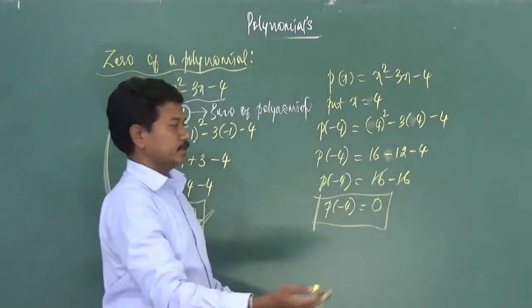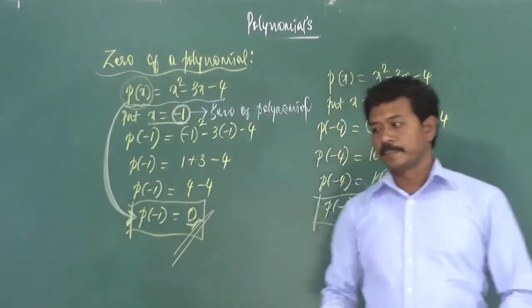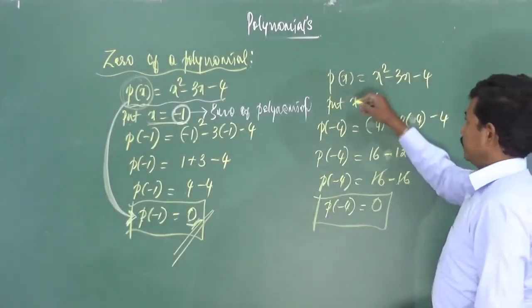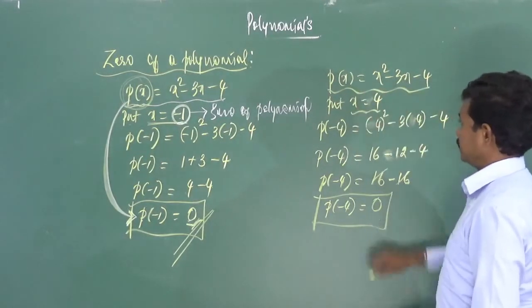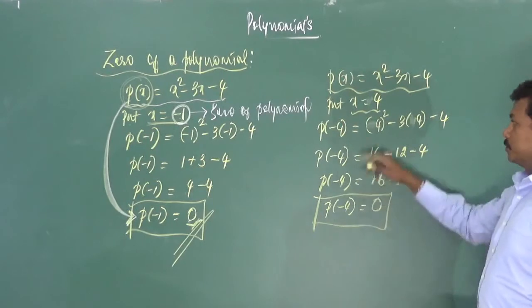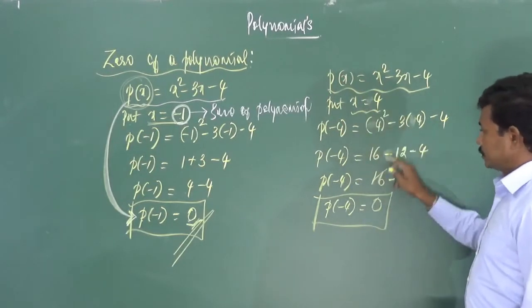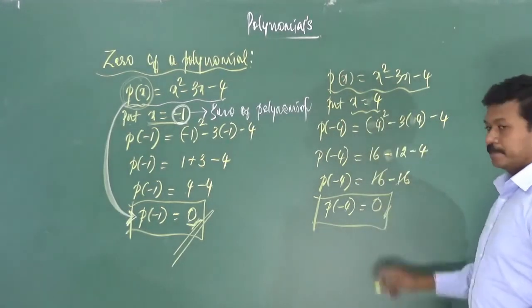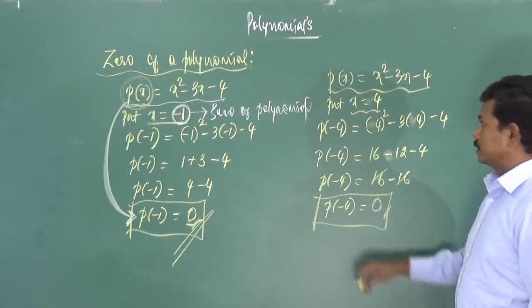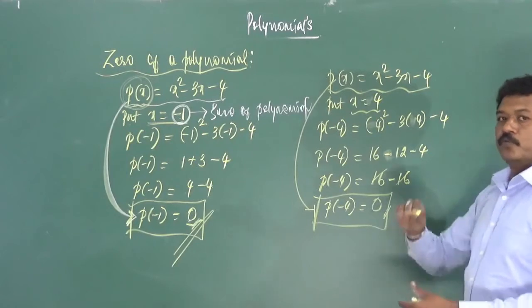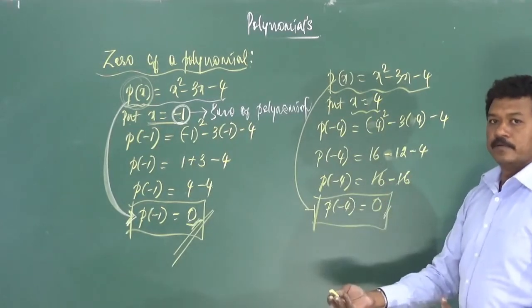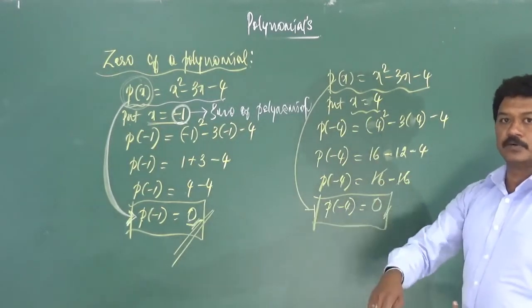So again the same thing repeated here. You were given a polynomial and asked to substitute the value of x is equal to 4. When you substituted 4 in the polynomial and simplified, at last you got 0 as the answer. You made p of x equal to 0. Which value made the polynomial equal to 0?